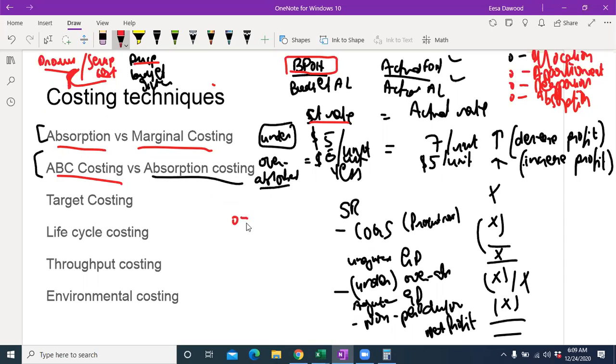We do absorption based upon, for example, number of units, or we are absorbing based upon the machine hours, or we are absorbing based upon the labor hours. Considering a machine based environment, the problem was arising because accurate cost was not being calculated, and due to that, at times we were charging a price that was too high, or it was too low.